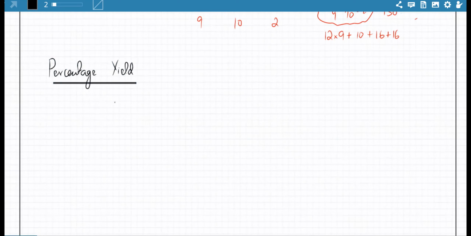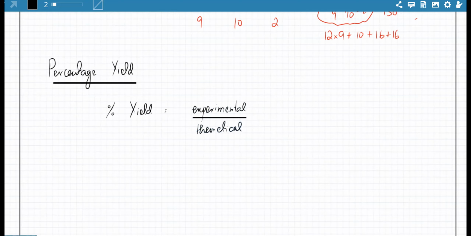The formula is simply actual, or you can say experimental, divided by the theoretical, into 100.